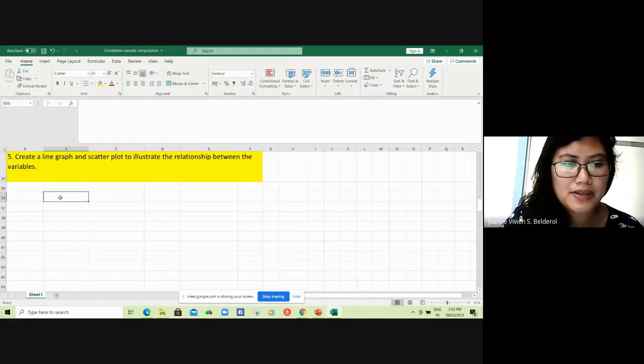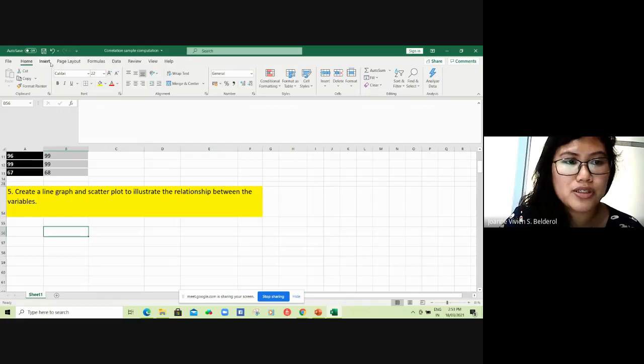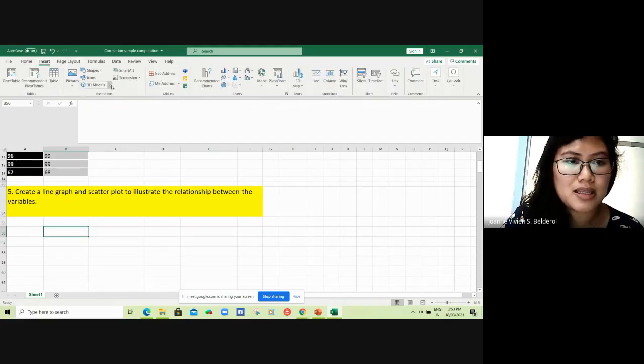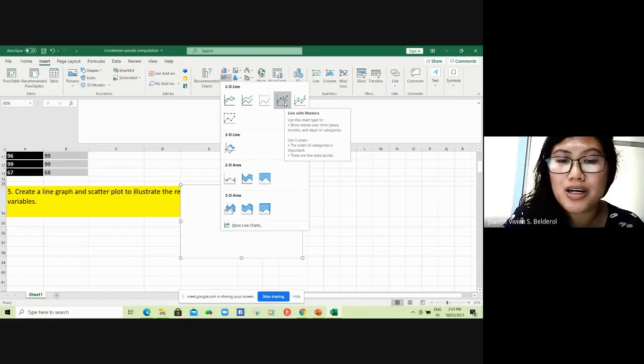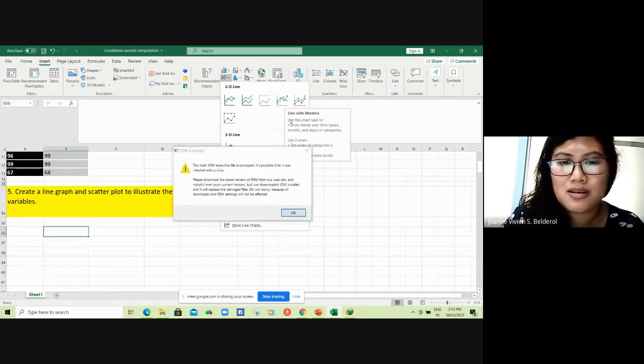So, simply, you go to insert, then you can see here the kinds of graphs. First, let's do a line graph. So, you select this one, line with markers.